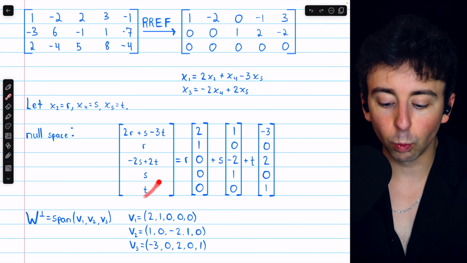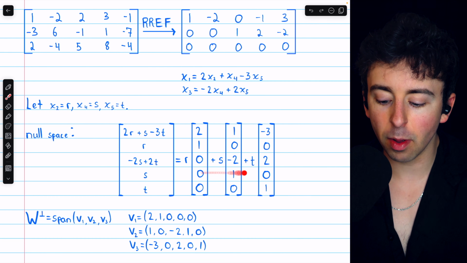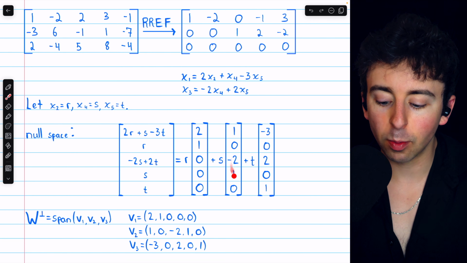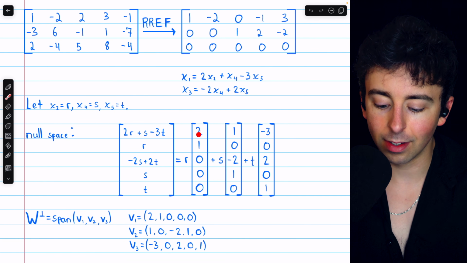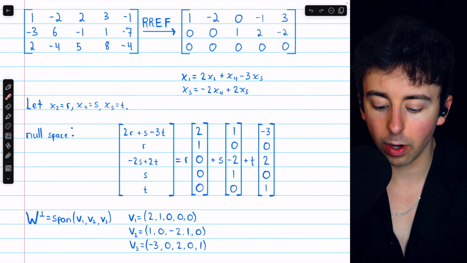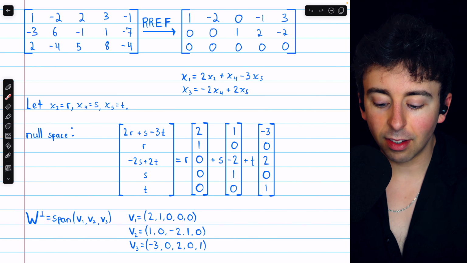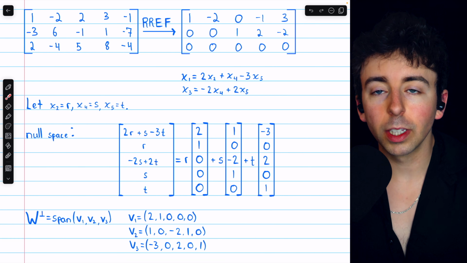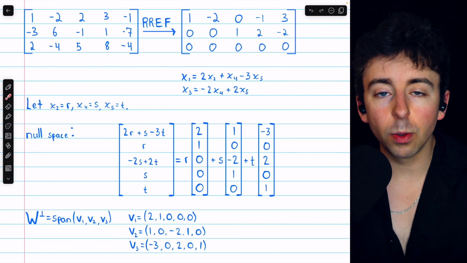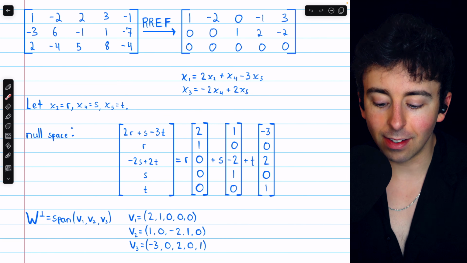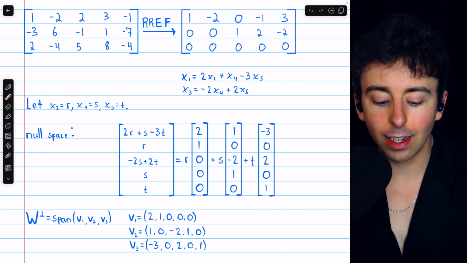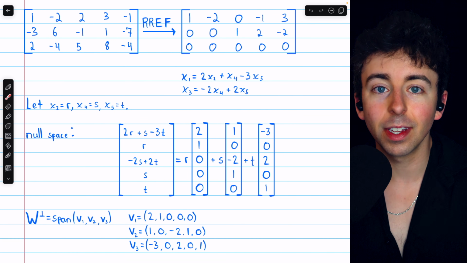And of course, we can rewrite this vector as this sum of vectors, where each one captures the coefficients of one of the arbitrary parameters. This one is the coefficients of r, for example. And thus, it is these three vectors, which are linearly independent, which we can use as a basis for the orthogonal complement. These three vectors span the orthogonal complement of W.